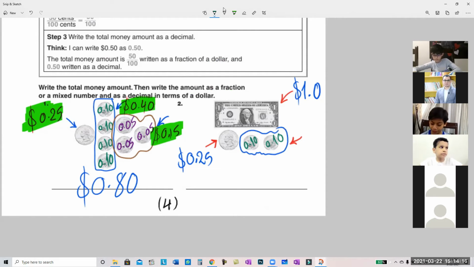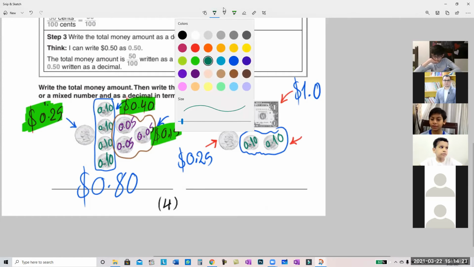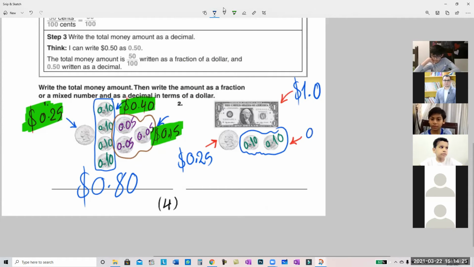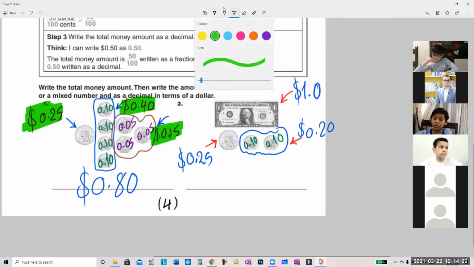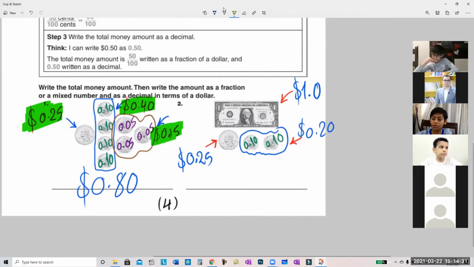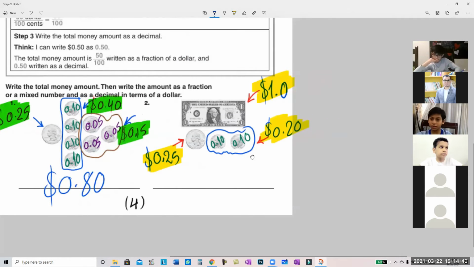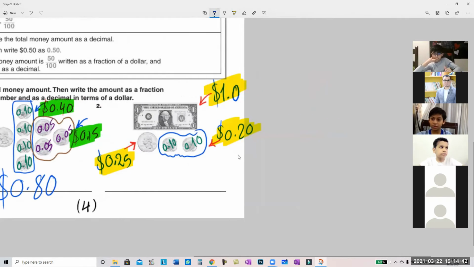So both of them together, the two coins together equal what? 0.20 of a dollar. Okay. So how can we get the whole amount of the money here? You should add them together, right? Yes. Okay, let me add them together.